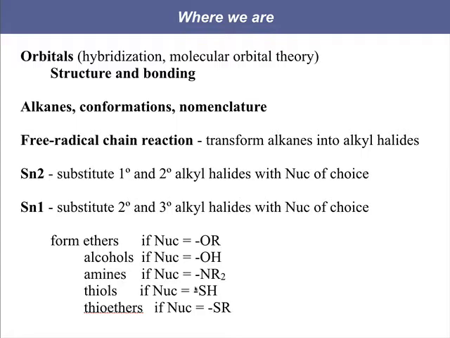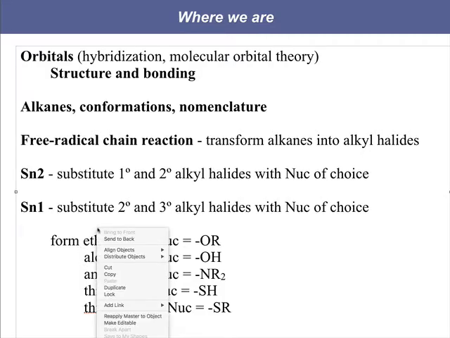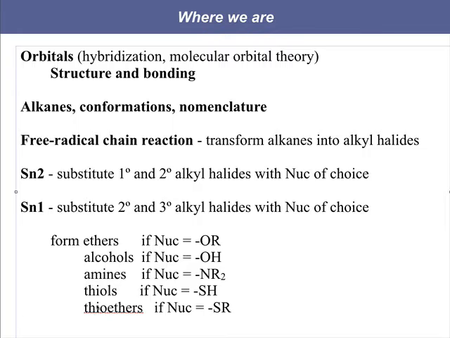If you substitute it with SH minus, you get thiols as your product. If you substitute it with SR minus, you get thioethers as your product. So just by taking an alkane, adding a halide to it to make an alkyl halide, and then substituting that, we now have a pathway or a route to give us access to many of these other functional groups.